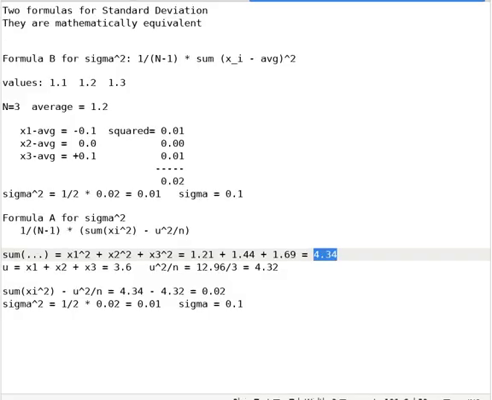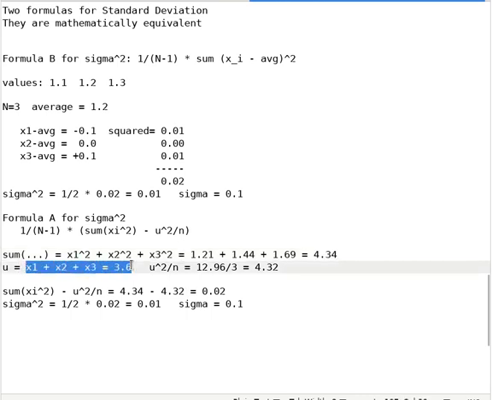And then on the right we add up U: 1.1, 1.2, 1.3, we get 3.6. We square that and divide by 3, we get 4.32. So on the left we had 4.34. On the right we had 4.32. We subtract those, we get 0.02. We multiply that by a half, we get 0.01, and so we get exactly the same answer.